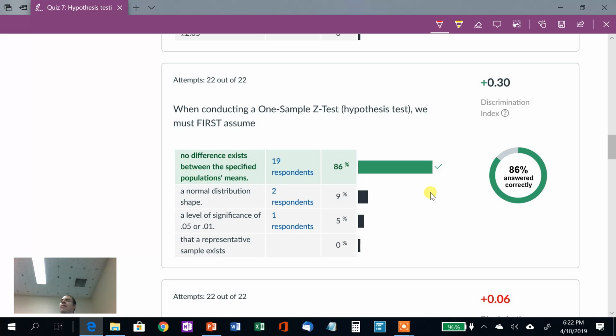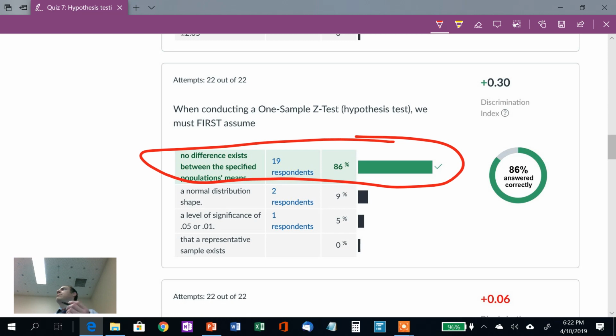We'll talk about it later. Whatever you're comparing, you always assume that they're equal. That's how you start it off. So that's the null hypothesis. You expect that they're going to be equal. So there's no difference, in other words. So that's why. Questions on this one?